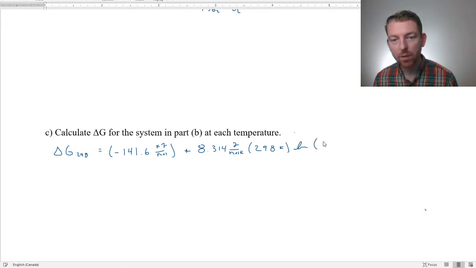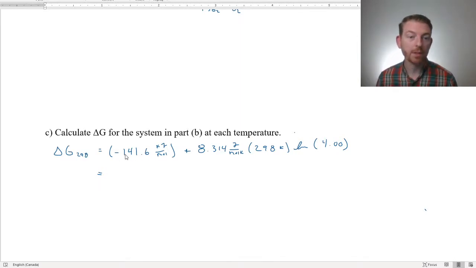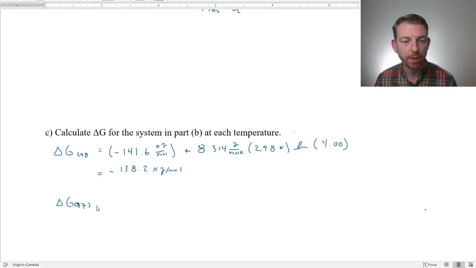ln of Q, and Q is 4.00. Okay. So remembering that this is actually 141,600 joules per mole plus the second term, we end up with negative 138.2 kilojoules per mole. Okay, and doing the same thing, delta G for 973. Now we have negative 12.12 kilojoules per mole.